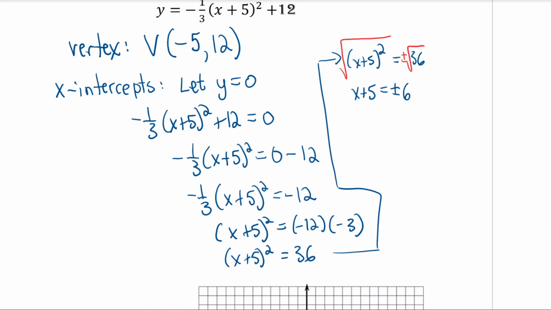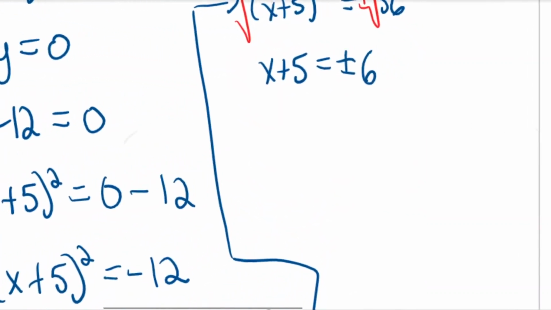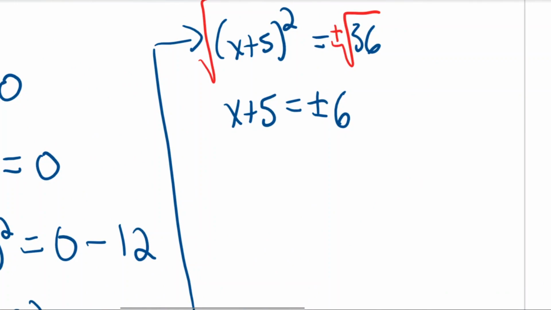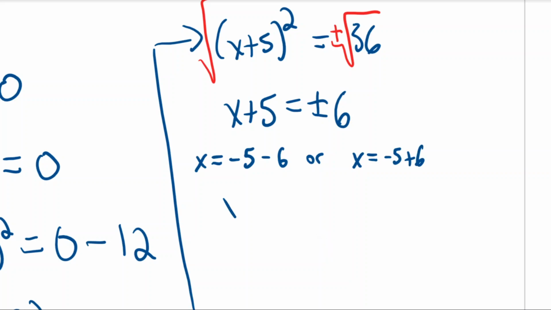All right, so now, as a result, we've got x equals negative 5, bring that to the other side, minus 6, or we've got x equals negative 5 plus 6, which gives us our two x-intercepts of negative 11 or x equals 1.